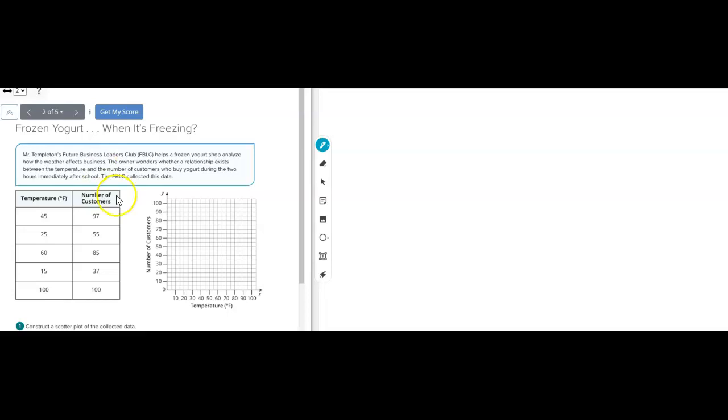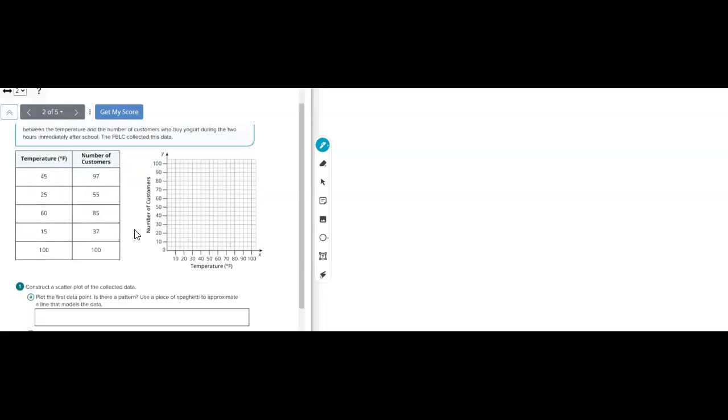So what you do first in this activity is you're going to plot one point at a time. And as you plot points, you'll answer these questions. So after you plot the first point, (45, 97), you will answer this question reflecting on how you think a line would look that went through that point or reflected that data.